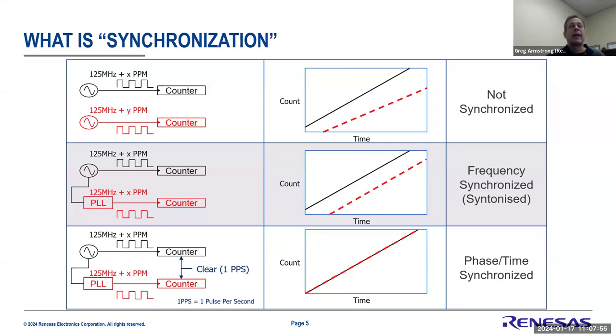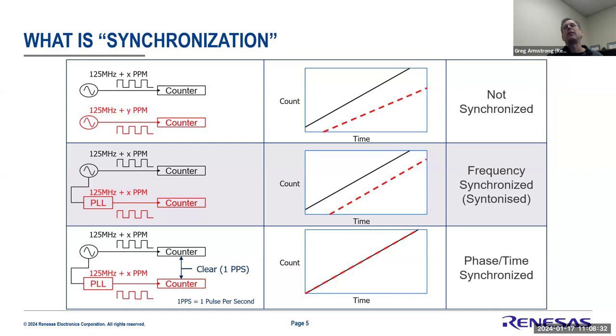Just because of the mechanics of the crystal, there's going to be a bit of error in relationship to maybe a very ultra stable clock like a cesium or rubidium. And there's been lots of talks about clock sources and things like that, so I won't get into that. But if you just took that clock and fed it right into a counter, they would start incrementing at relatively the same pace, but over time one of them might be a little bit faster or slower in incrementing relative to another clock, even though they both approximately are 125 megahertz.